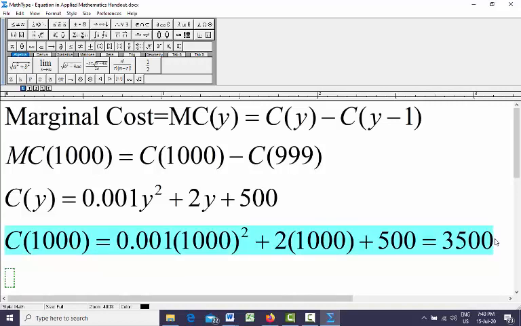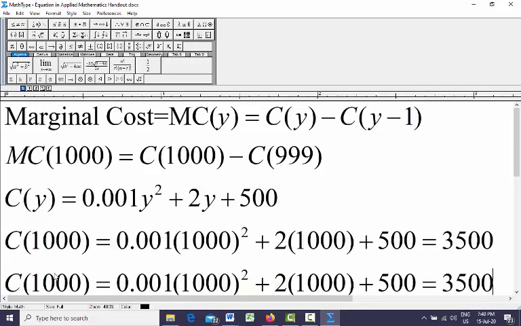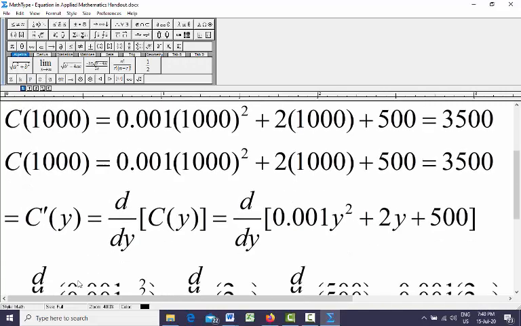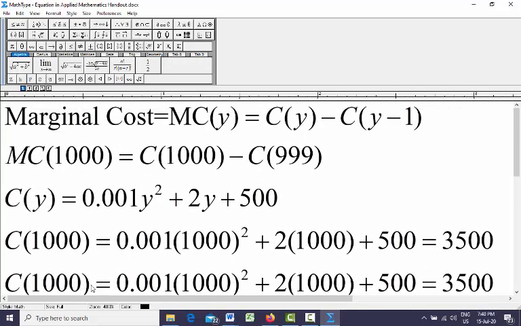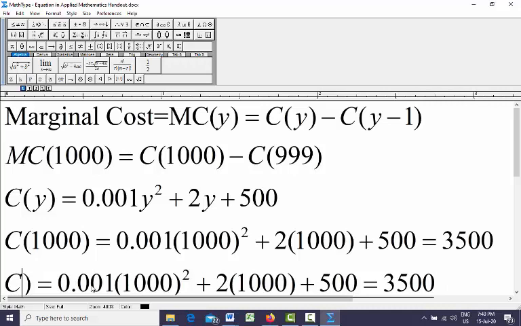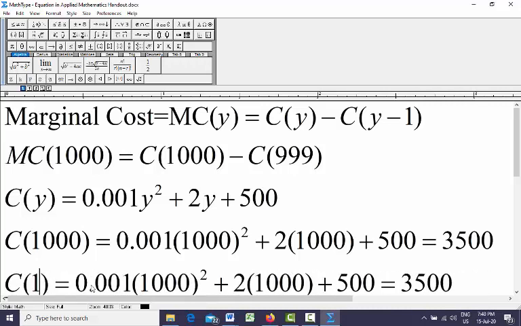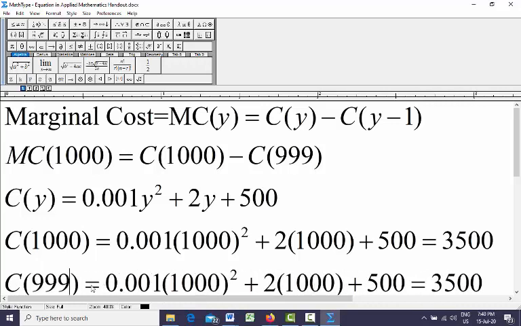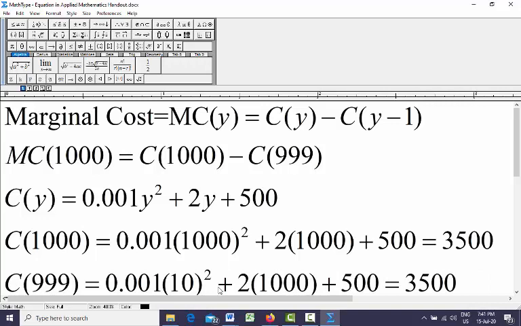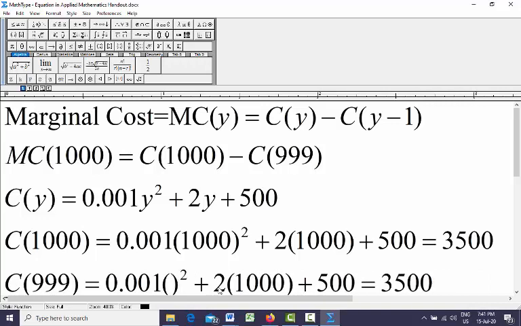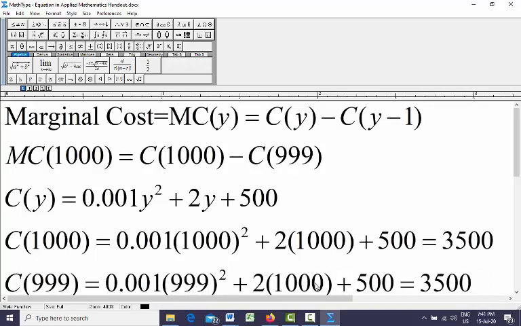Now let us find the total cost of producing 999 units. Similarly here, we will put 999. Here also the value of y is 999.